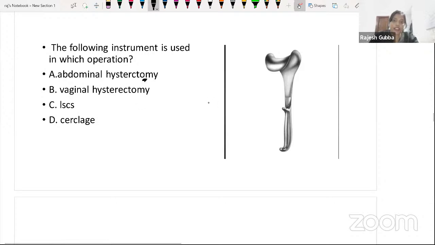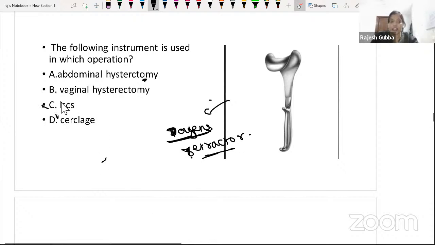So this is called Doyne's retractor. Doyne's retractor is used mainly for cesarean section. It is used to retract the bladder during cesarean section.